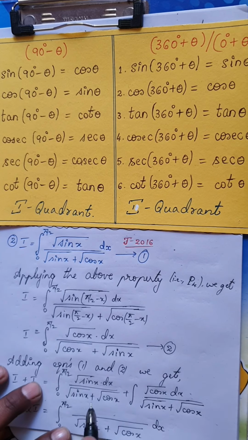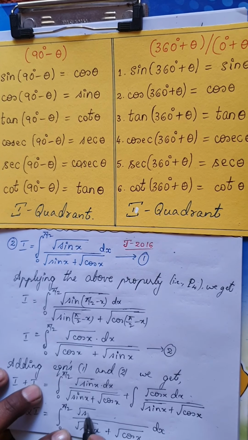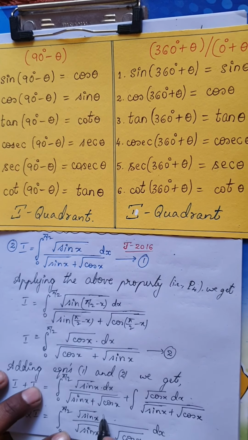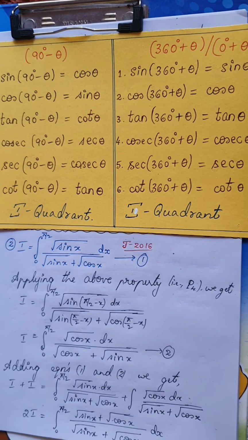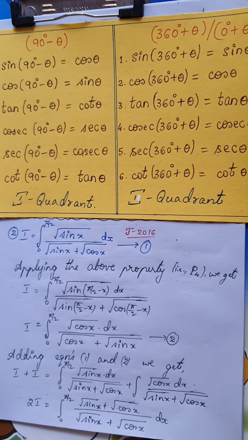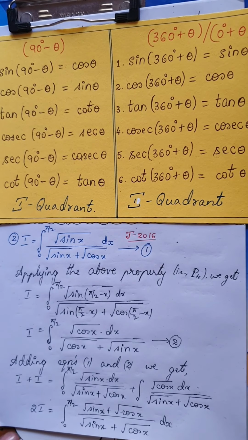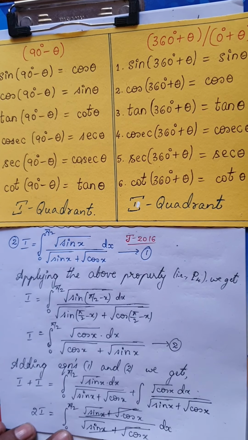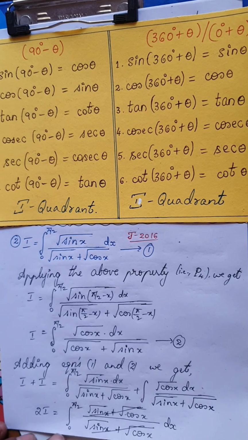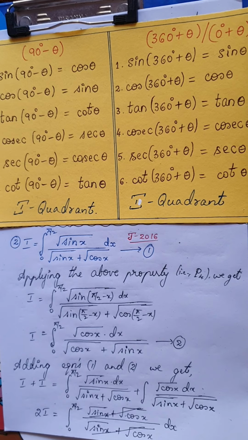Now, look at the numerator. For the first integral, the numerator is root sin x, plus, from the second integral, the numerator is root cos x. Is it clear? Now, it is very clear, the terms root sin x plus root cos x in numerator and denominator get cancelled. So, we are just left over with the integral of dx.